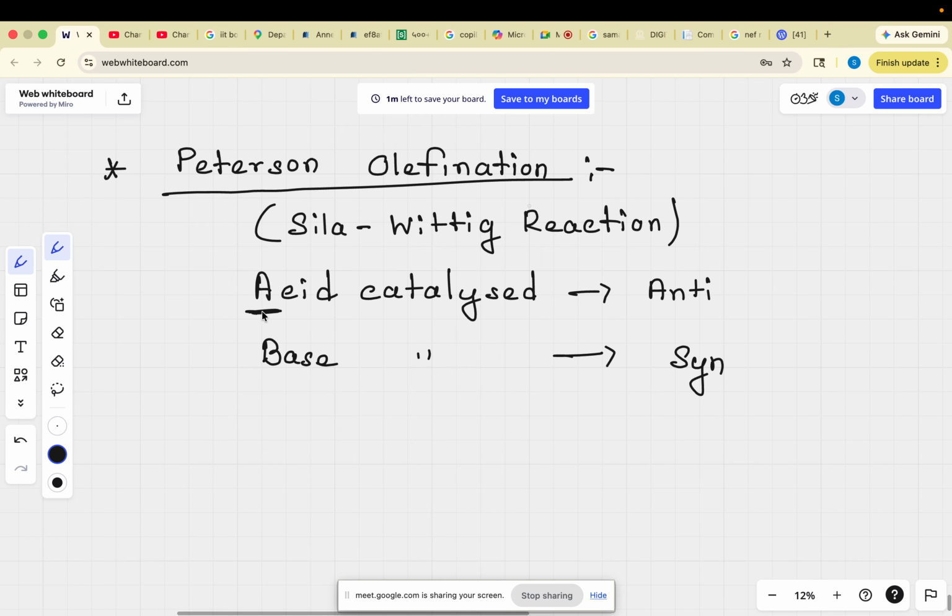See, A is here, A is also here. So acid will always be anti, base will be opposite. Just remember for acid catalyzed, and automatically you can remember for the base catalyzed. No need to remember everything. The A of acid and the A of anti, both are matching. Clear?